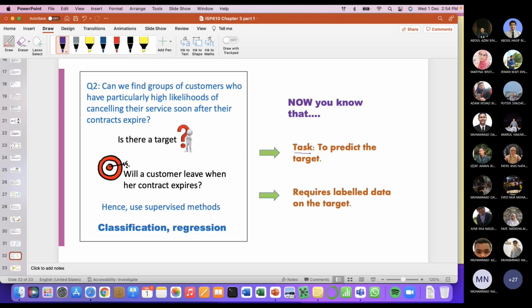Actually at first we don't have any class label. We only have churn transaction. So what is our objective? Our objective is to predict or classify the customers into two classes, or to predict whether the customers will churn or not churn. So we know that will be our class target.